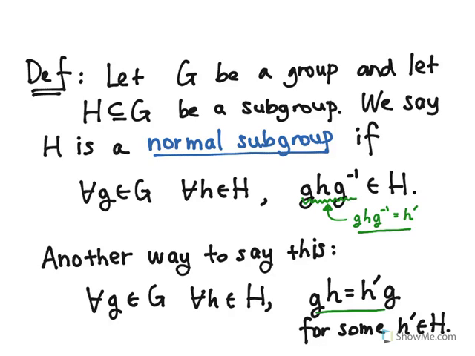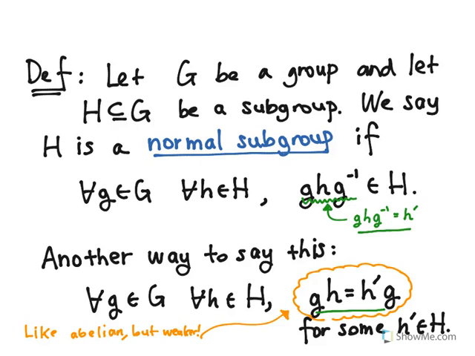And so another way to state our definition of being normal is that for every element lowercase g in the group and every element lowercase h in the subgroup, gh should be equal to h prime g for some element h prime in the subgroup capital H.